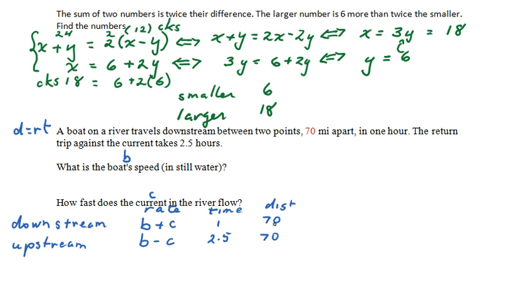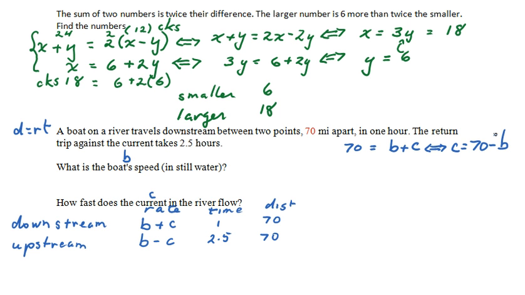So each time we get distance equals rate times time. So 70 equals 1 times (b plus c), which is b plus c, which says that the current is equal to 70 minus b.